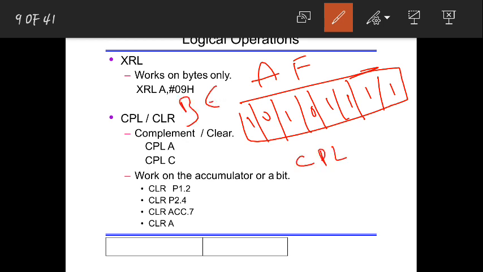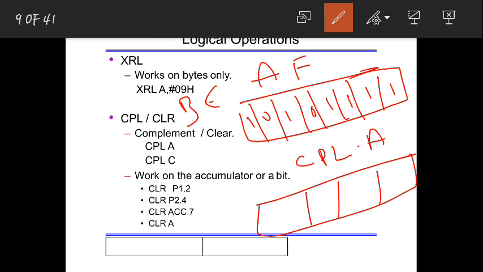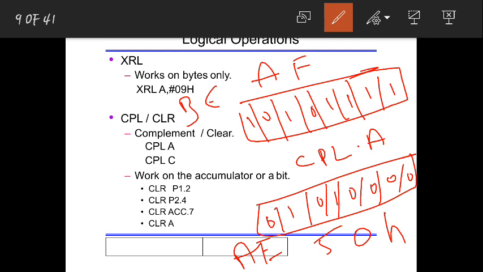Now if I write CPL A, what it does is, here I have 1, the complement of 1 is 0, and so on: 0 0 0. Here I have 0, the complement of 0 is 1, and 1's complement is 0, 0's complement is 1, 1's complement is 0. So after execution what I get is 50H. Before it was AF, after complementing it I got 50H. Is that fine? In this way this complement works.